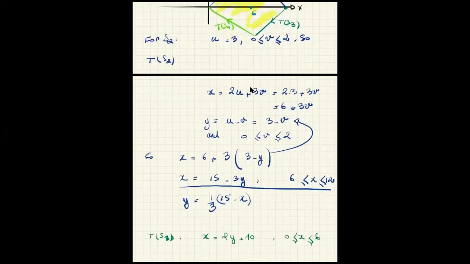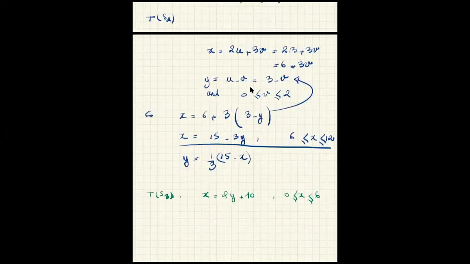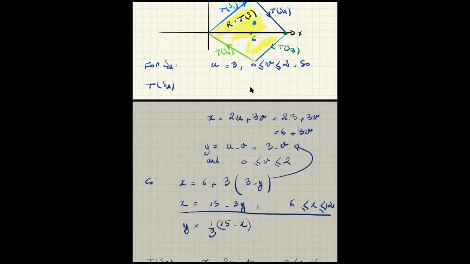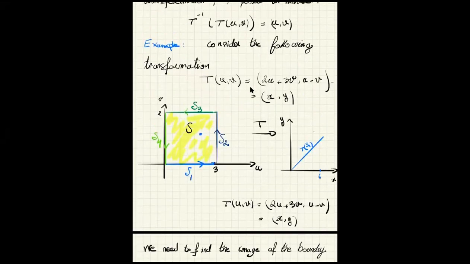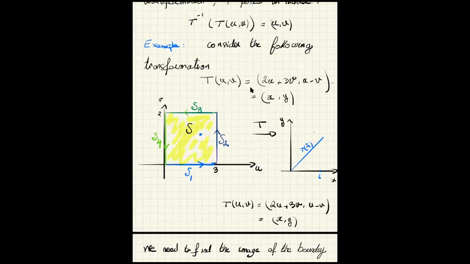And then for TS4, I'm not sure. I think I have a typo in my notes. TS3 or TS4: TS3 is V equal to 2. So this is TS4.